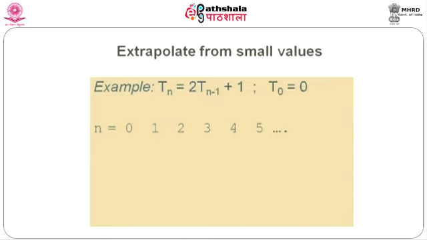You can see I am substituting different values, and I get T of n as 0, 1, 3, 7, 15, 31. As we have seen already, the solution of this is going to be 2^n minus 1.